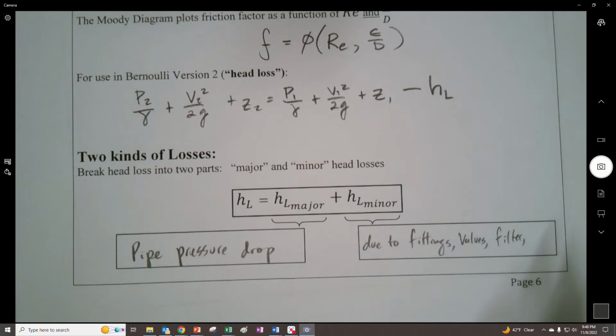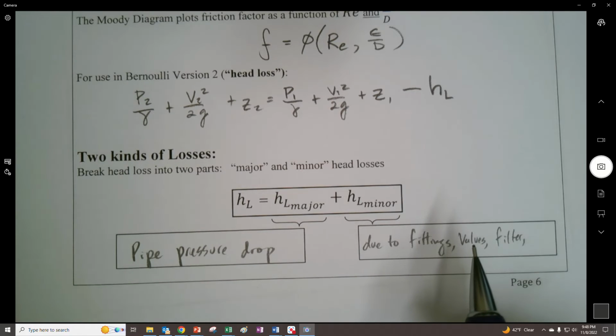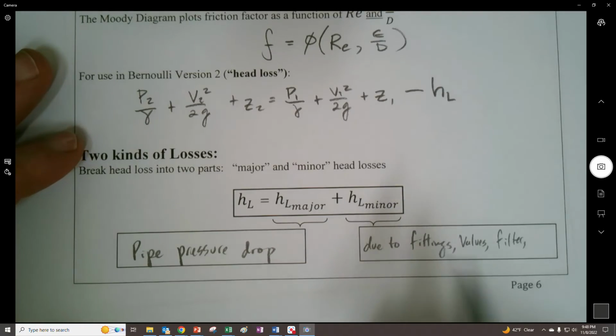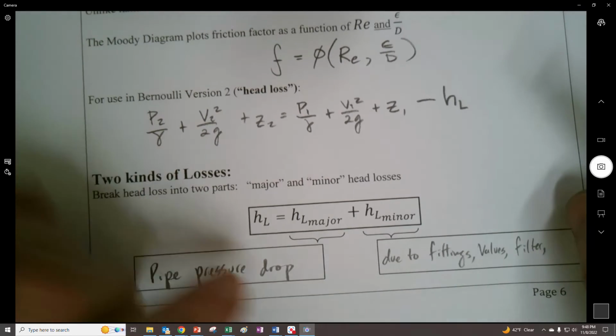Straight pipe is pretty decent; there's not a whole lot of loss except for the viscosity robbing some things away. When you start to change directions and the fluid has to go through something that stirs everything up, you get additional losses. So the major and minor losses are sort of misnomers. Just be aware that the minor losses can be bigger than the major losses.